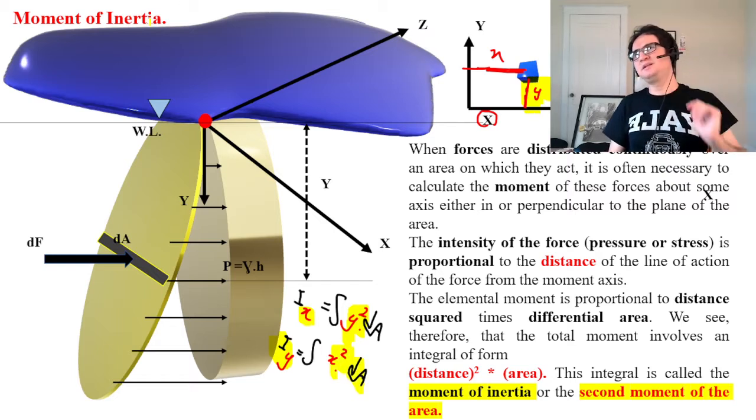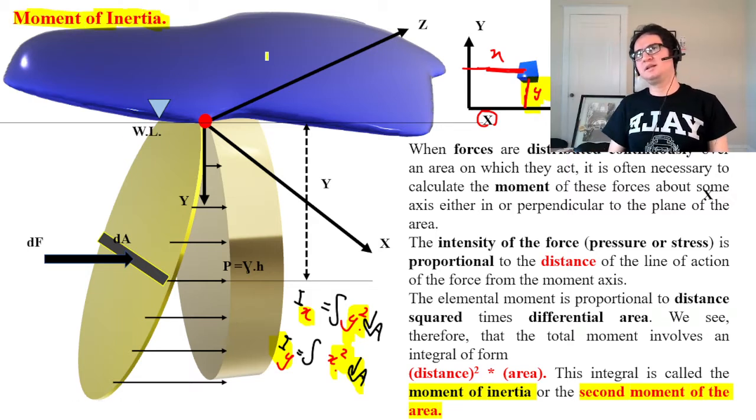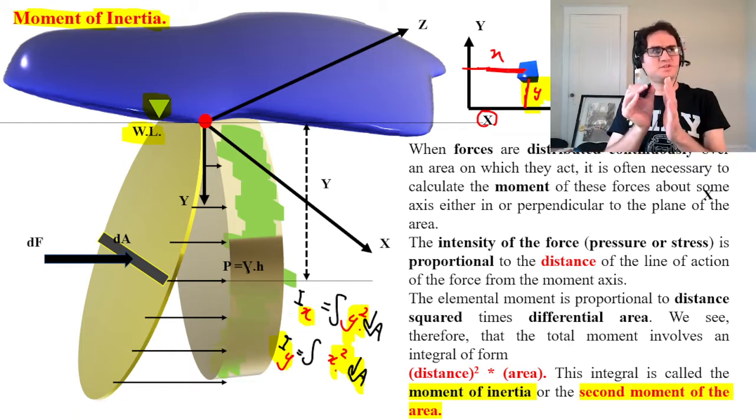Let's go a bit deeper into the concept of moment of inertia. Just consider this is a lake or a water boundary, and this is the water level surface, and assume this part as a gate in a dam, preventing the water pressure.